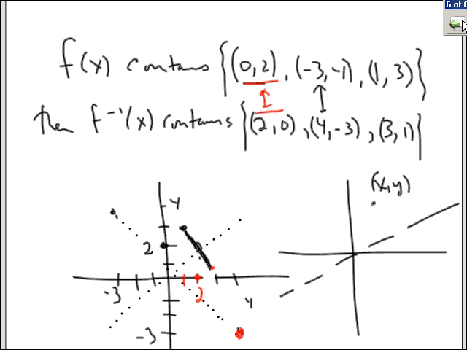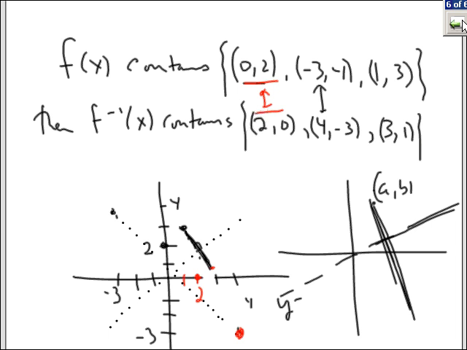Well, you need to do a few things. You need to determine the equation of that line. But let's not call it (x, y), let's call it (a, b). You need to determine the equation of this line. But that's not so bad to do.